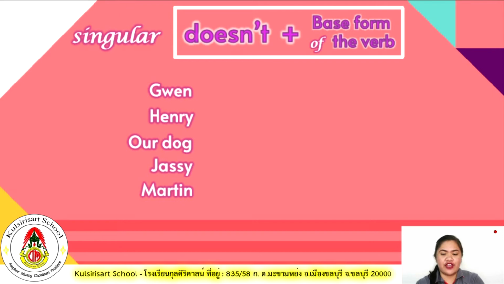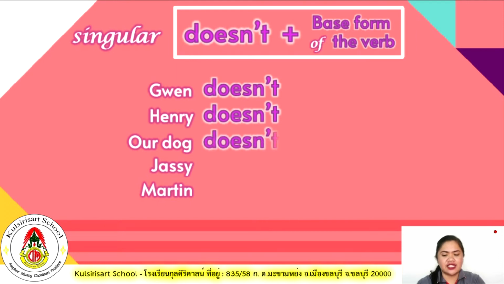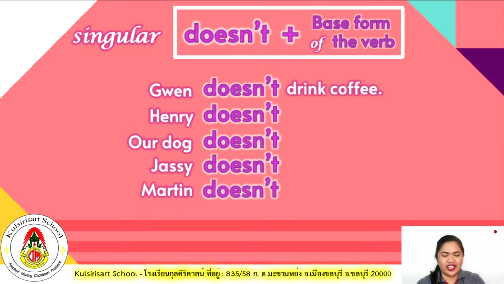Next. Okay. We have here the singular. When we talk about singular, we will use the helping verb does not. But in contracted form, it will become doesn't plus the base form of the verb. So we have here the following subjects: Gwen, Henry, our dog, Jazzy, and Martin. All of them is only one. So we have here Gwen doesn't, Henry doesn't, our dog doesn't, Jazzy doesn't, and Martin doesn't drink coffee. Okay, we go back to the usage of drink coffee.